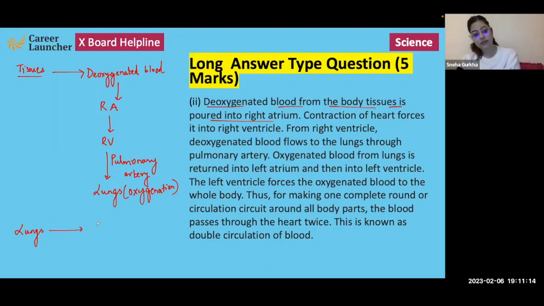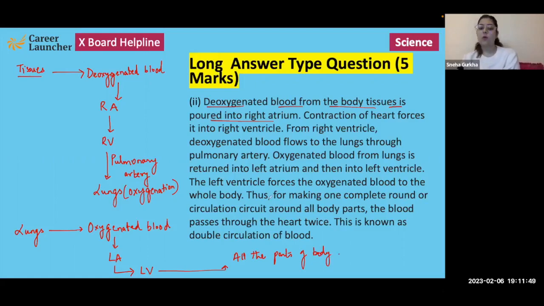So lungs give us oxygenated blood. Oxygenated blood from the lungs is taken to the left atrium, and then via contraction, this blood goes to the left ventricle, and then this is circulated to all the parts of the body.